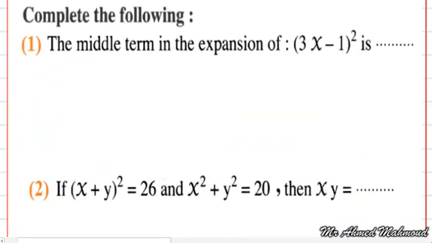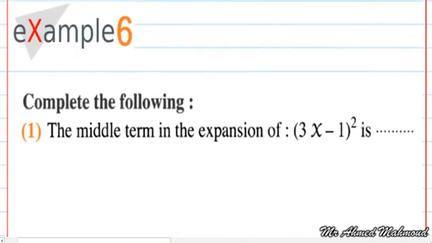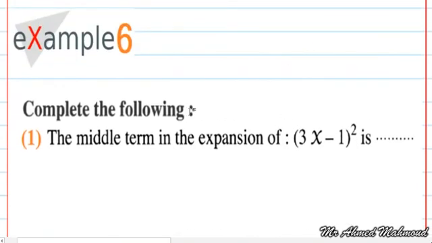Okay, let's solve the next example. And this is the last one. Here we need the middle term in the expression (3x minus 1)². To solve this one, we are going to use the rule: first by first, second by second, and 2 times first times second is the middle.